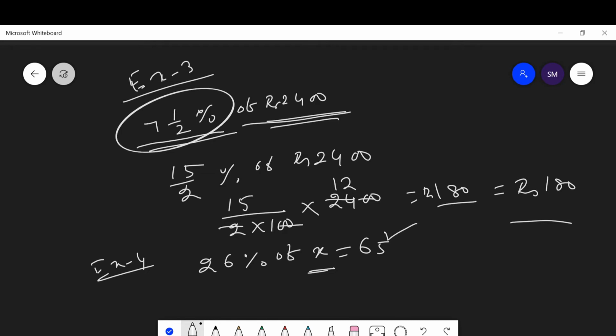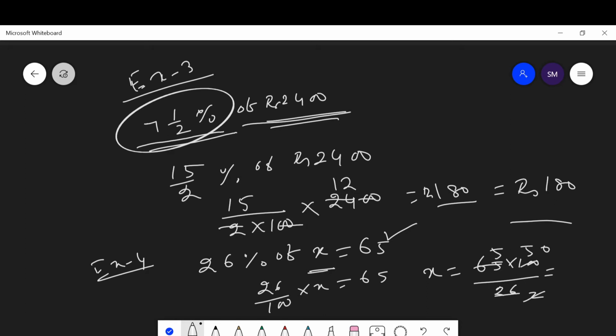Then 26% means 26 upon 100 into x is equal to 65, which implies x is equal to 65 into 100 upon 26. Then 13 times 5, 13 times 2, then 250, the number is 250.